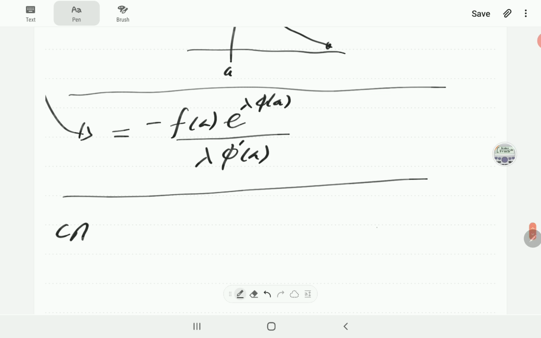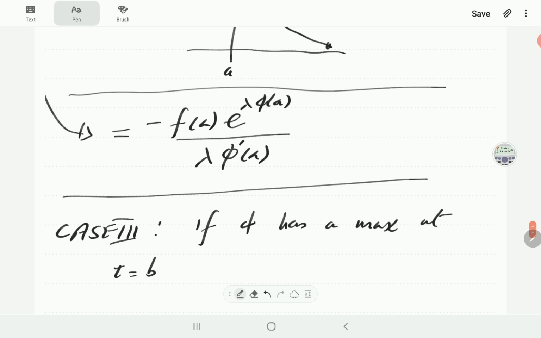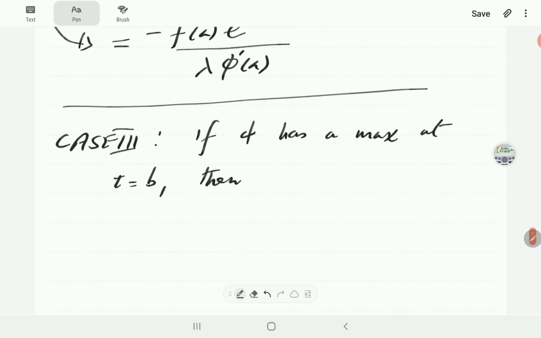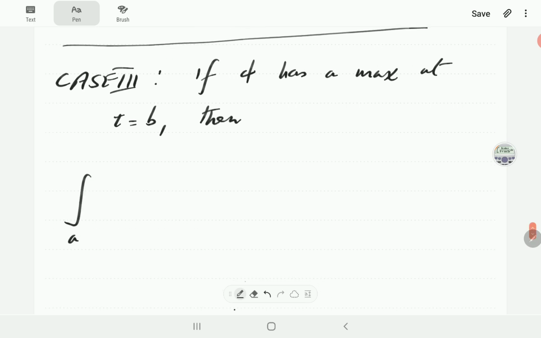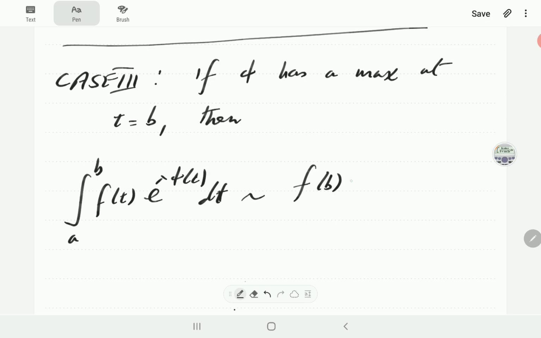The third case: if phi has a maximum at t equals b, excuse me, then this integral as lambda goes to infinity is going to behave like f of b e to the lambda phi of b divided by lambda phi prime at b.